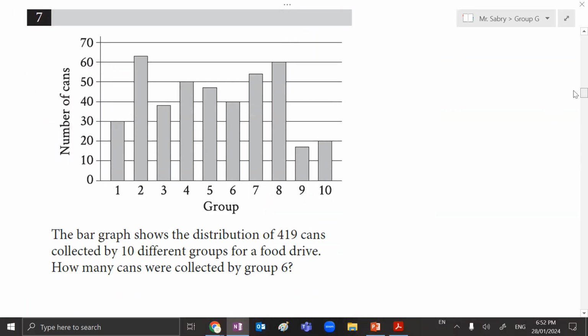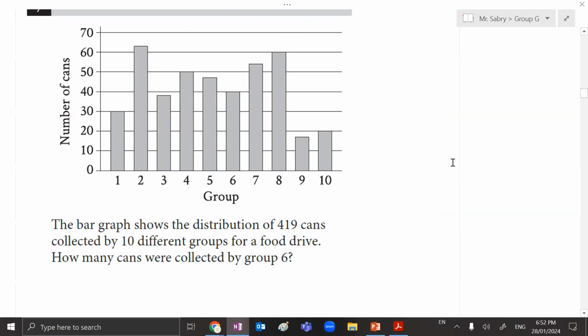Number 7, the first graph we see so far, and you are asked how many cans were collected by group 6. So as soon as I see a graph, an XY coordinate plane, it's very important to read what the X coordinate means and what the Y coordinate represents. So when you read the X coordinates, those are the groups or the group numbers, and then here the Y is the number of cans.